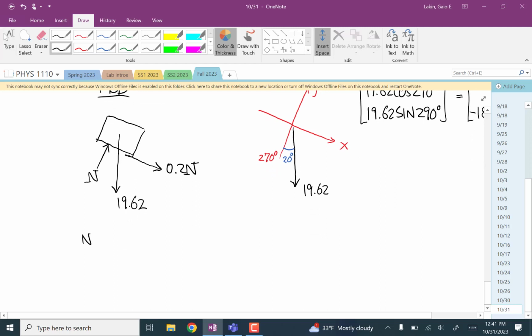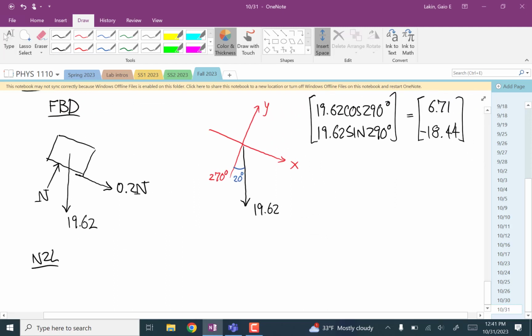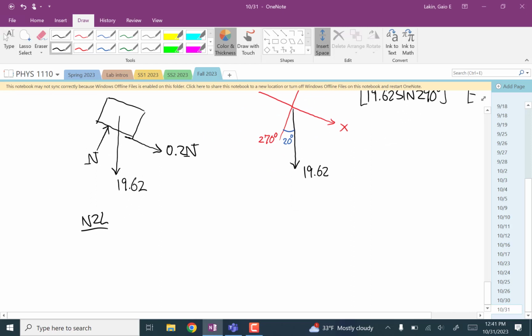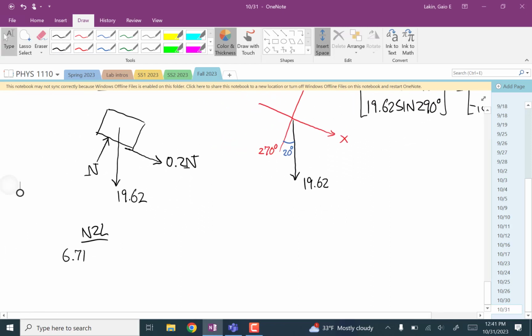Now Newton's second law says, so I'll put the weight in first, 6.71, negative 18.44. So that is this 19.62 here.